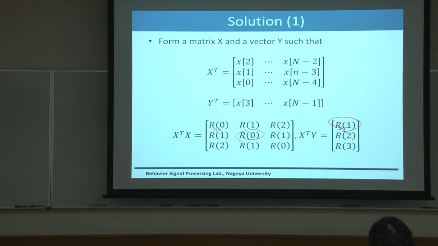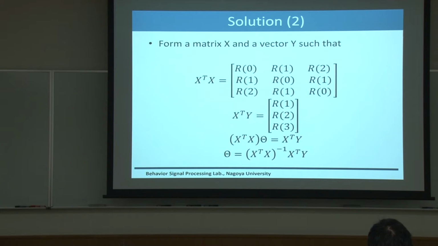In this case x times y, in this case x x, and this is x y. What I would like to say is that calculating this matrix is very easy, and you can let MATLAB do this. All we need to do is to form this matrix and vector. That is enough for solving this problem in a practical situation.